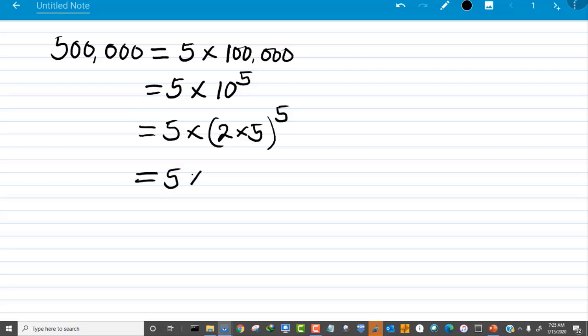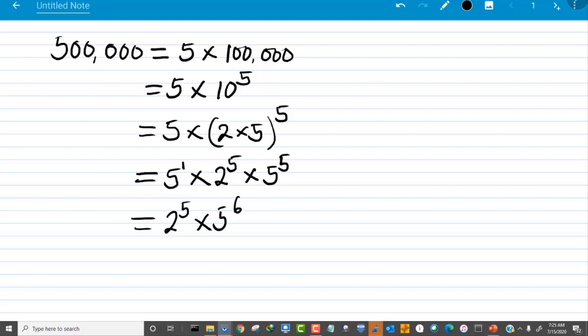So when we remove the brackets, we have 5 times 2 raised to power 5 times 5 raised to power 5. Now this 5 is 5 raised to power 1. So we have 2 raised to power 5 times, 1 plus 5, 5 raised to the power 6. So this is our 500,000 in prime factorization.